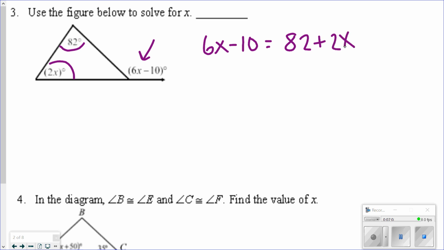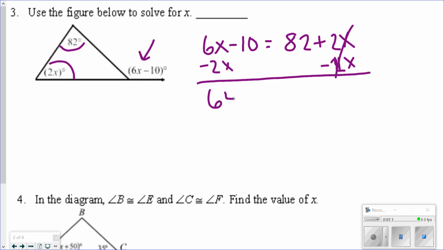All right, so now we just need to solve for x. So I'm going to start by subtracting 2x, subtracting 2x. So those cancel, and I'm left with 4x minus 10 is equal to 82.